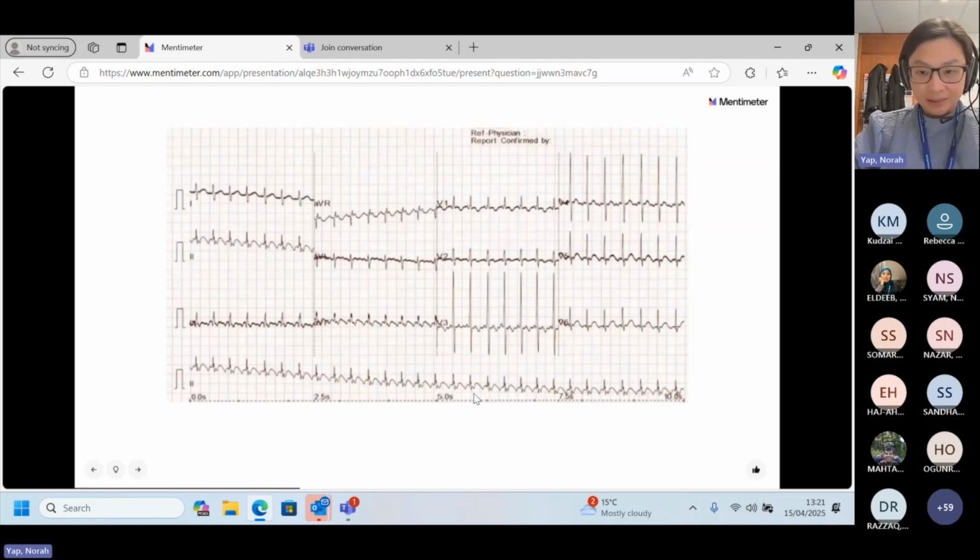Slightly fast. 2 days old. Well, I wouldn't really say fast. I mean, it's about 150 beats per minute. Okay, ready for the question.